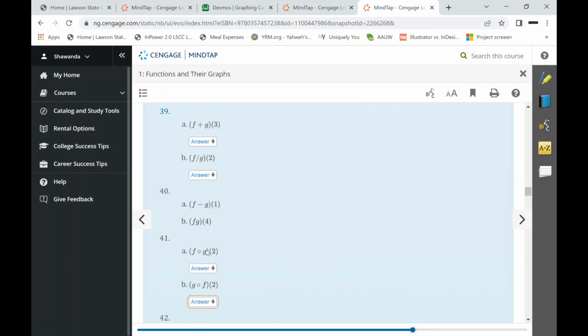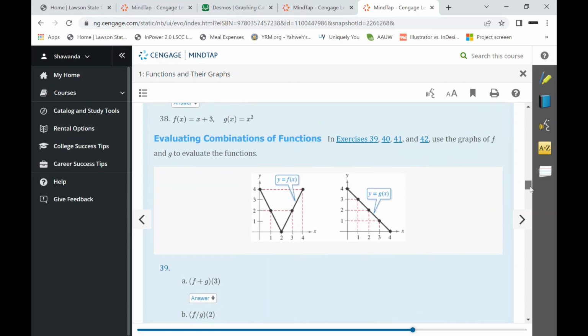Now, f of g of 2, we know that g of 2 is the inside function. So what we're going to do is go to the g function first. G of 2 would be 2. If we intersect with the graph, we have 2. Now we need to go over here where there's a 2 and notice that that point is 2, 0. So the answer is 0 for this problem.